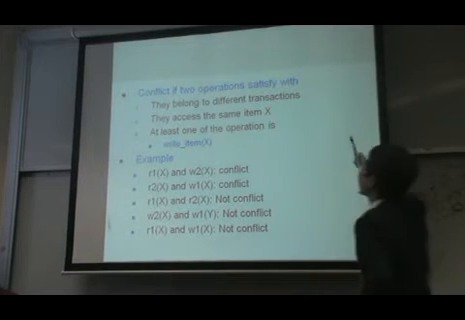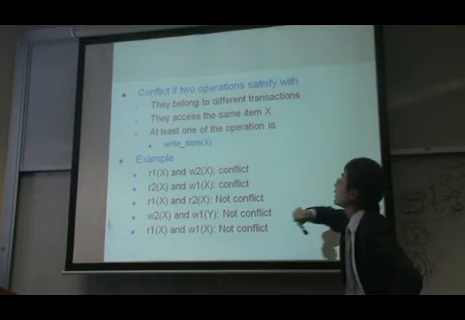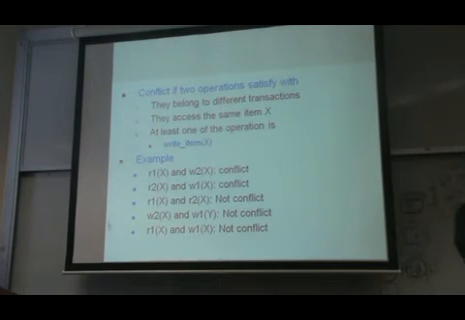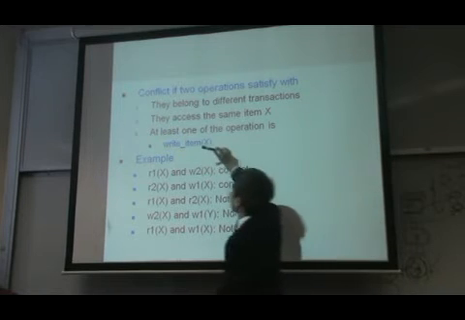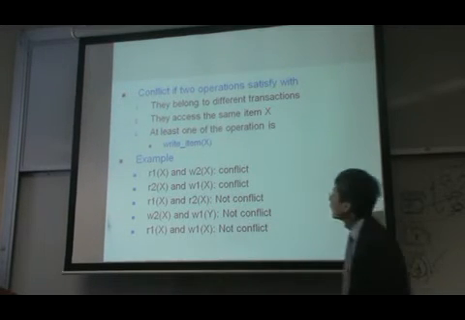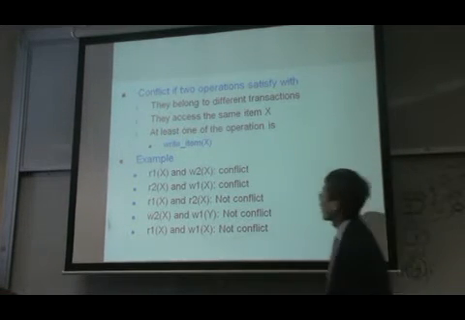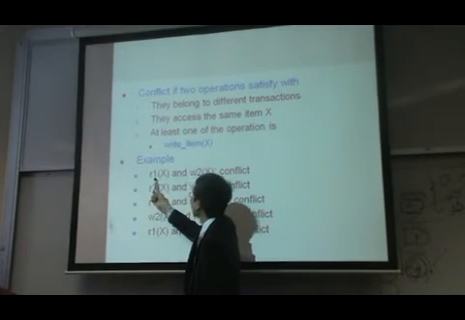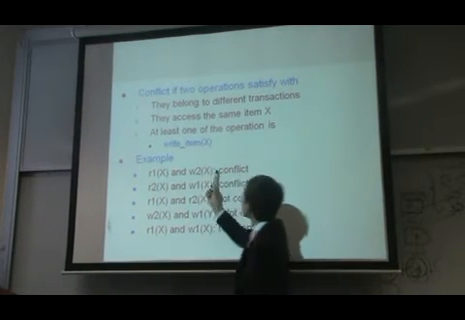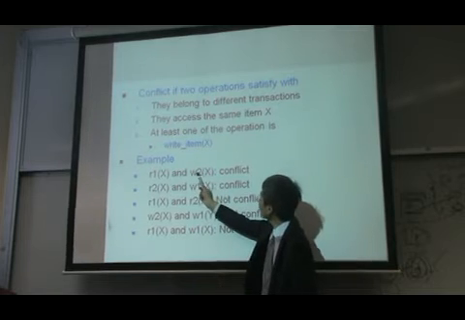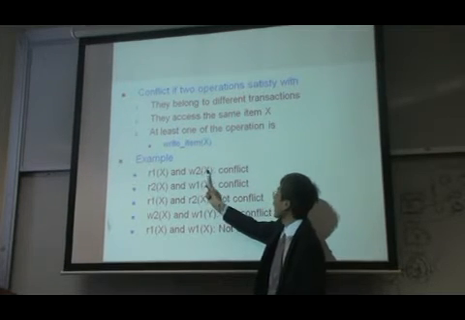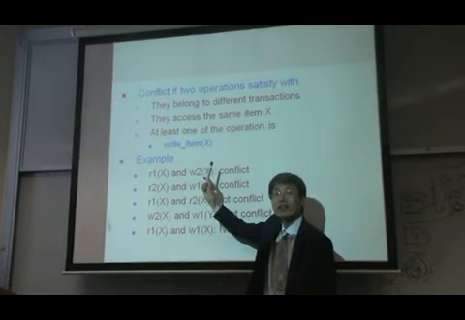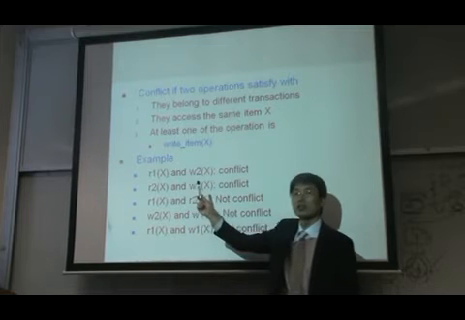Second, they access the same data item X. The last one is that at least one of the operations writes the data. Then that is called a conflict. For example, R1(X) means transaction 1 reads the data X, and W2(X) means transaction 2 writes the data item X. Is it a conflict or not?